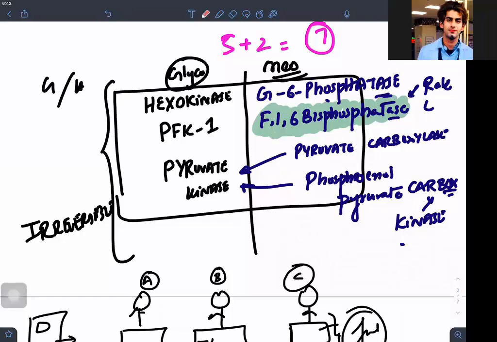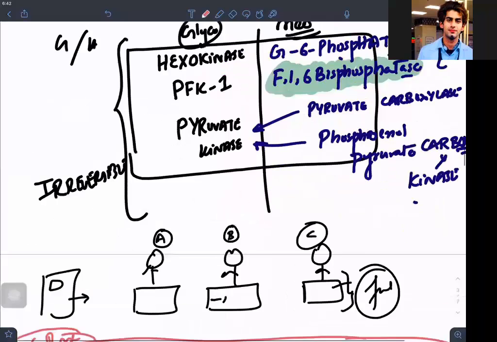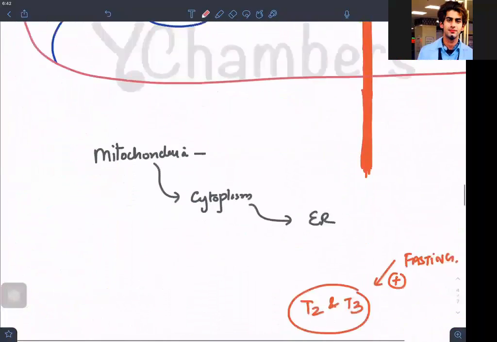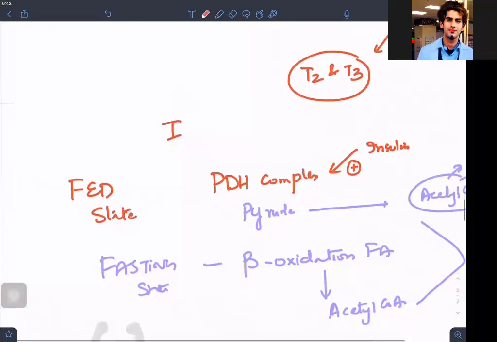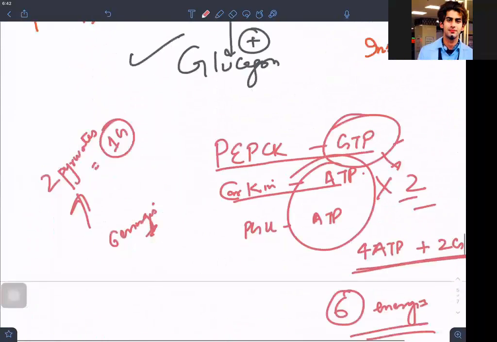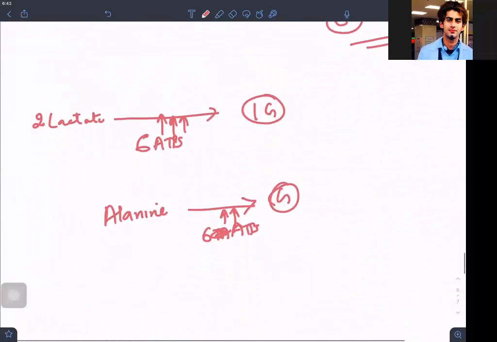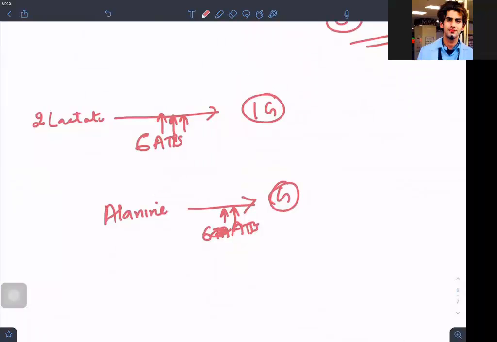These are all the irreversible steps of glycolysis. That's why we needed these bypass enzymes. Otherwise, all the other enzymes are the same. And we said that the energetics is that we are using 1 ATP. These enzymes are using 3 high energy molecules, and multiplying by 2 gives us a 6 high energy investment.